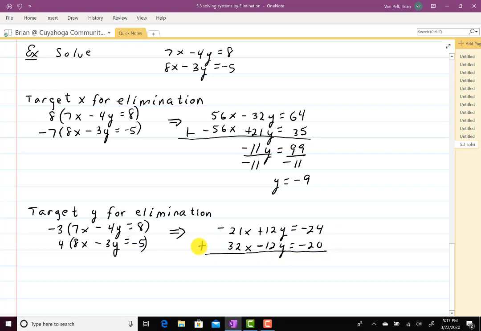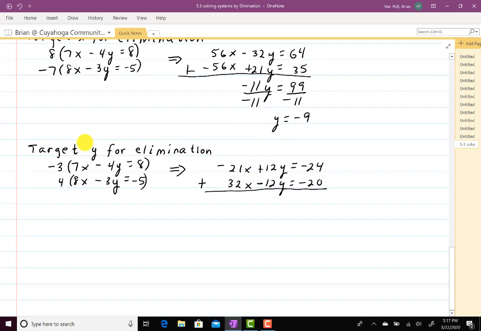So we'll add these two things together. And I have, oh no, actually this time it's a positive 11x. And the y's cancel, equals negative 44. So when I divide by 11, x equals negative 4.